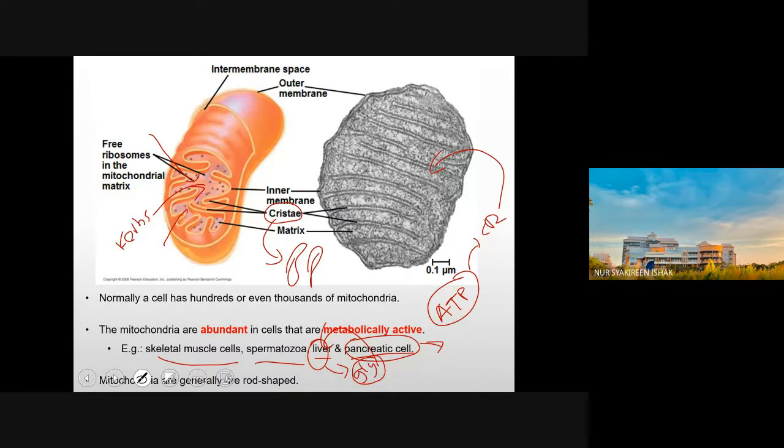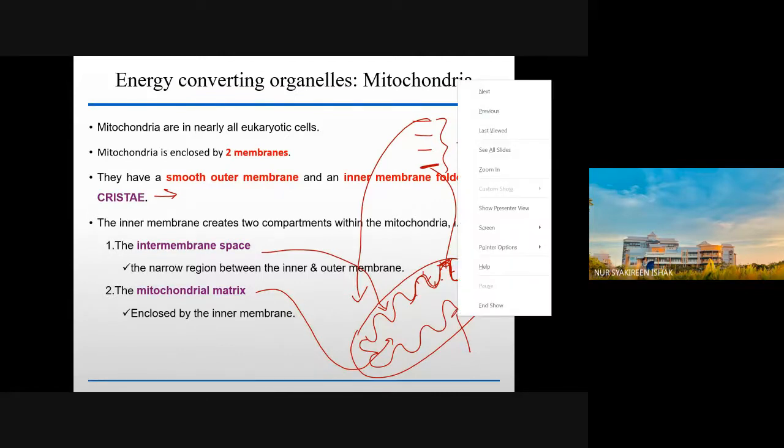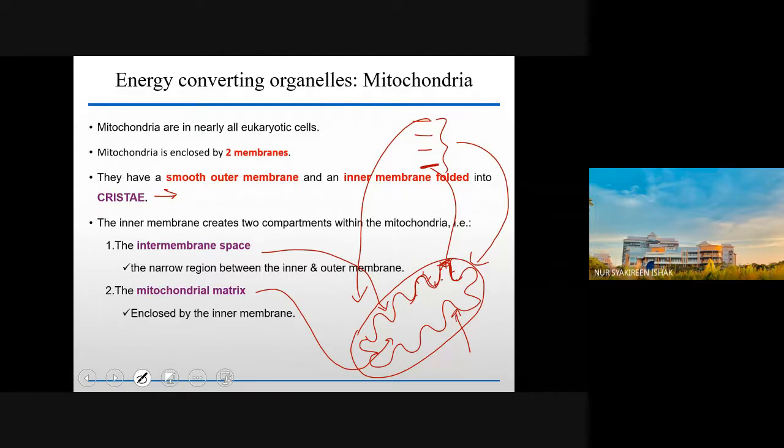If the question were to ask you to label the inner membrane of mitochondria, or the cristae, you have to really point out the position of the cristae, like I drew just now. For example, if you want to label the cristae, your arrow has to point exactly at the cristae. But if it does not reach it, just around there, it would be wrong. Why is it wrong? Because you are pointing in the intermembrane space.